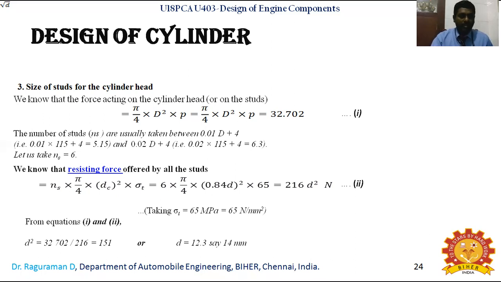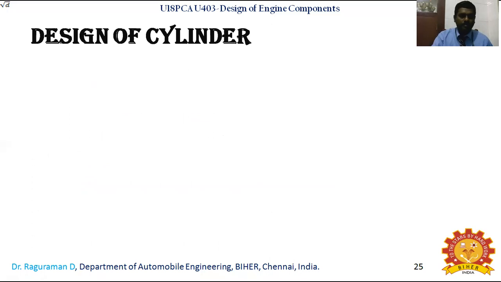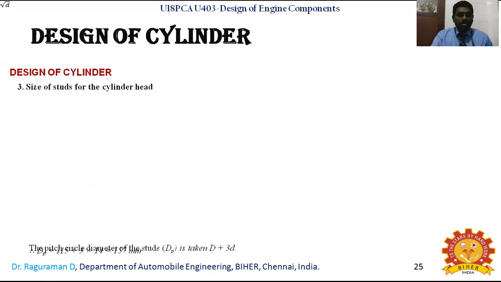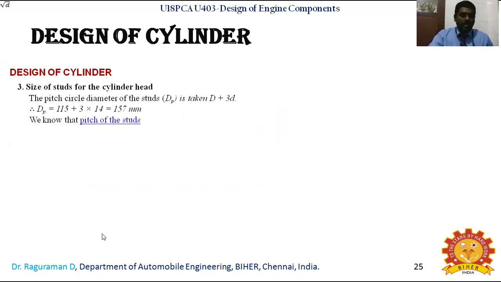Small d can be identified from this. So 32.702 divided by 216, so that you are calculating the d value. The d value is 12.3. So you are rounding it, and you are saying the diameter of the stud is 14 mm.